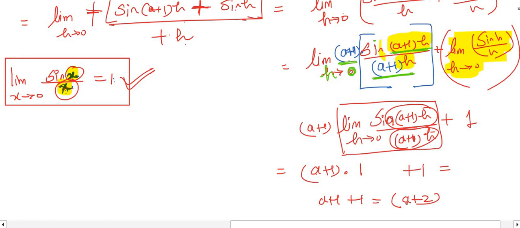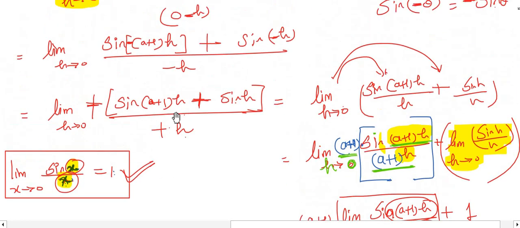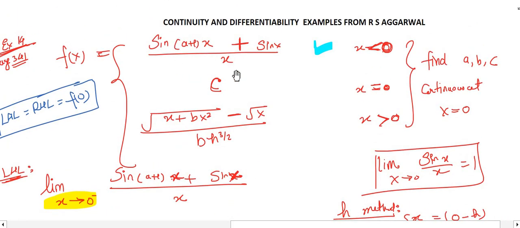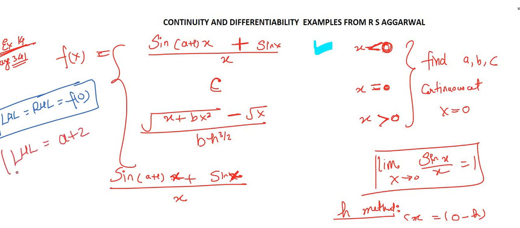Okay. So this was the question. You can solve it again. This was the question and we got left hand limit as, let me just write down here, and then we will do RHL. So left hand limit we got a plus 2. Now we will solve it for RHL. So RHL is for more than 0.